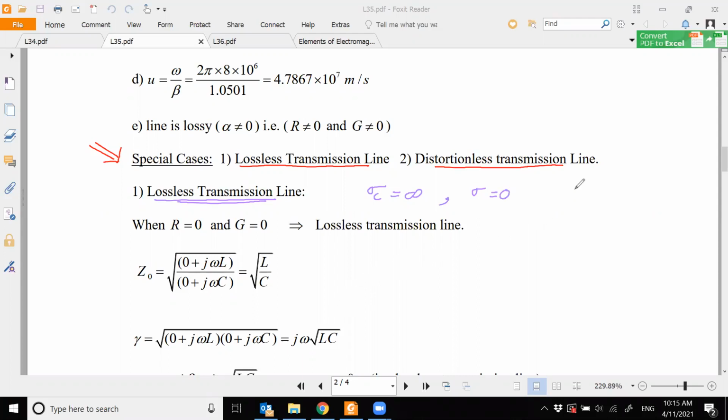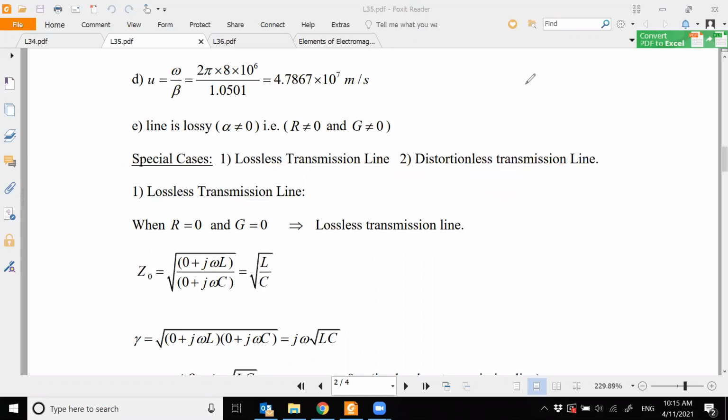Okay, so this is for the conductor of our transmission line, and this is for the dielectric medium, which is separating the two conductors. That means the R is 0 and G is 0. Then it is called a lossless transmission line.